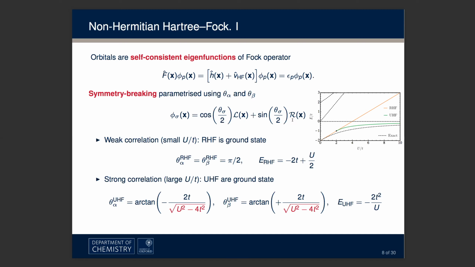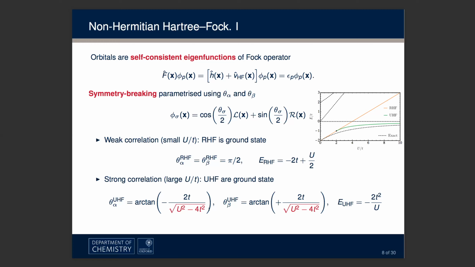When we're looking at our weak correlation regime, where our restricted reference is our ground state, both of these angles are just pi/2, and our energy is this linear term in terms of U and T. But if we go to our strong correlation regime, we find these two lower energy UHF solutions, and the rotation angles have this complicated arctangent form, where again you see the square root term arising in the denominator.